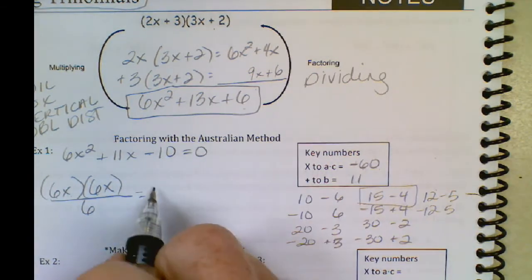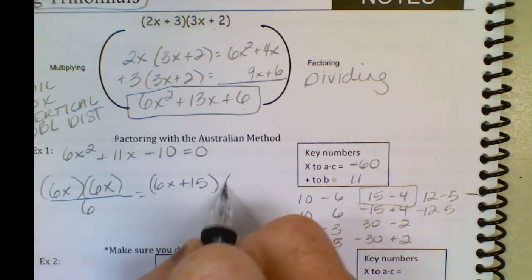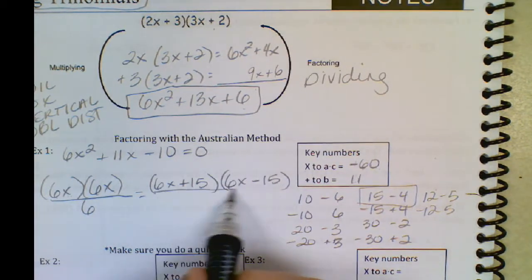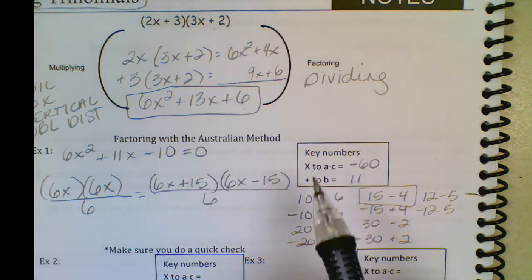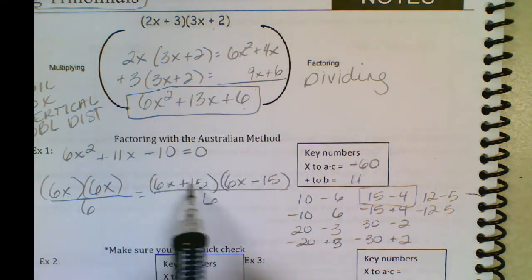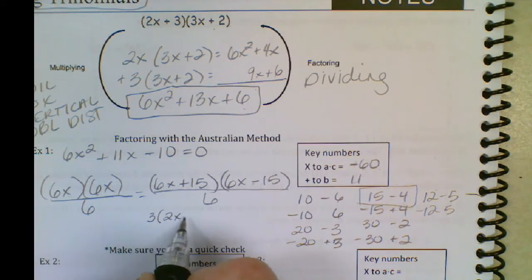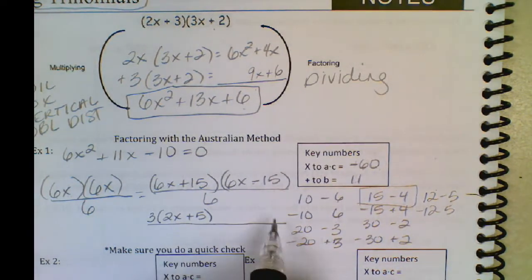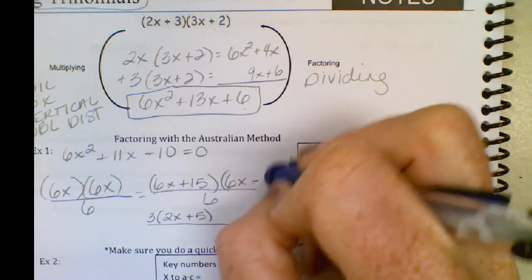So what you're going to do is you're going to have 6x, you're going to add that 15 on, and then 6x minus 4 all over 6. Now what I need you to do is to factor numbers out of that. Out of a 6 and a 15, I can take out a 3, and that leaves me with 2x plus 5.